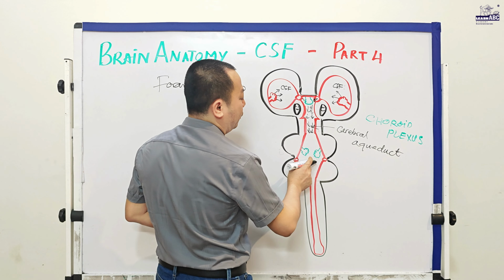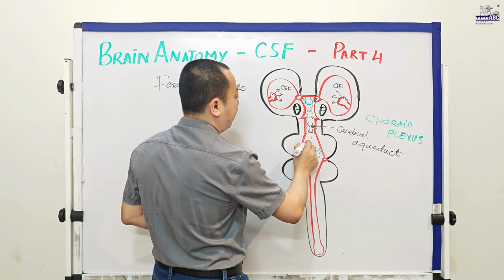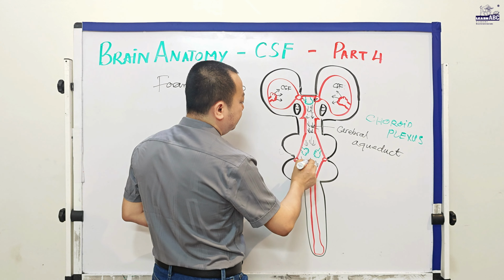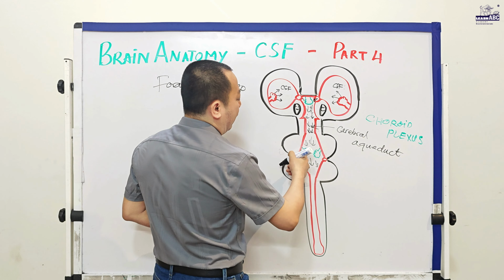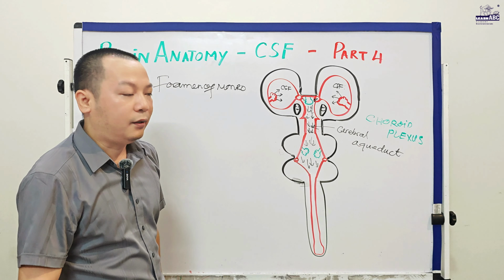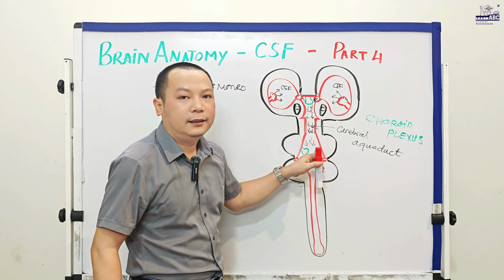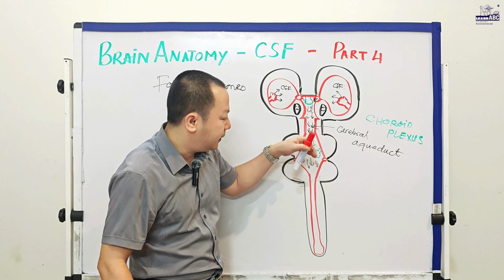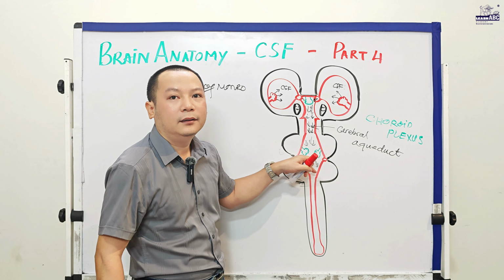At the fourth ventricle, you see that now CSF comes to the fourth ventricle. And on the roof of the fourth ventricle, we also have the choroid plexus here. The choroid plexus at the fourth ventricle also adds CSF to the fourth ventricle, right?